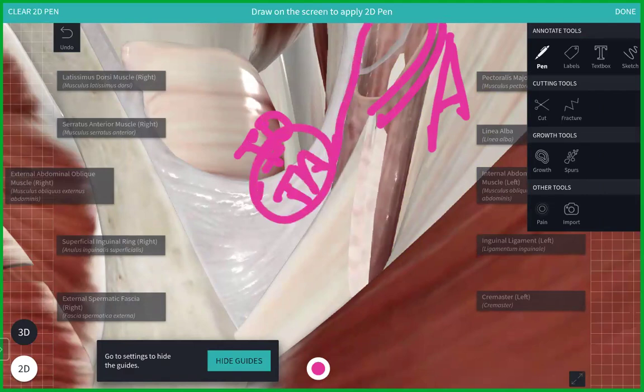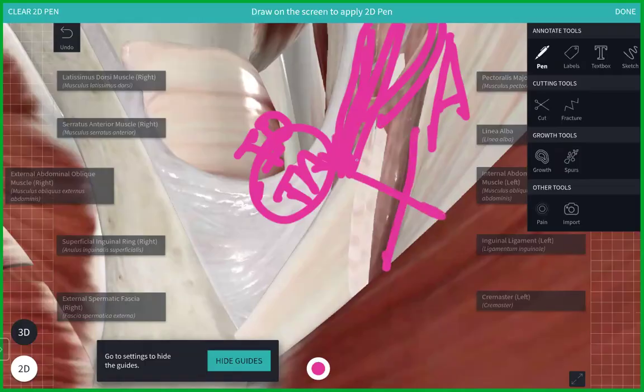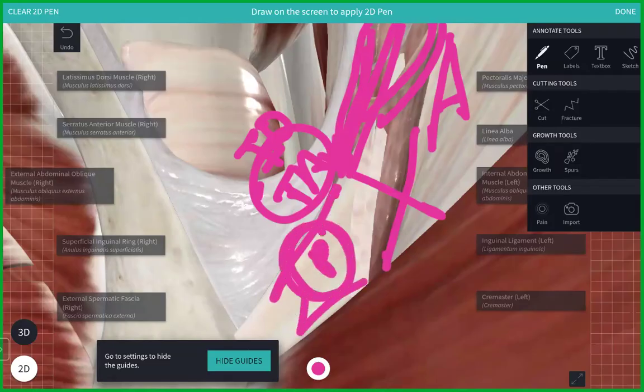And behind it, we had fascia transversalis. And you can see the more medial this canal comes, this thing is now posterior to the canal.